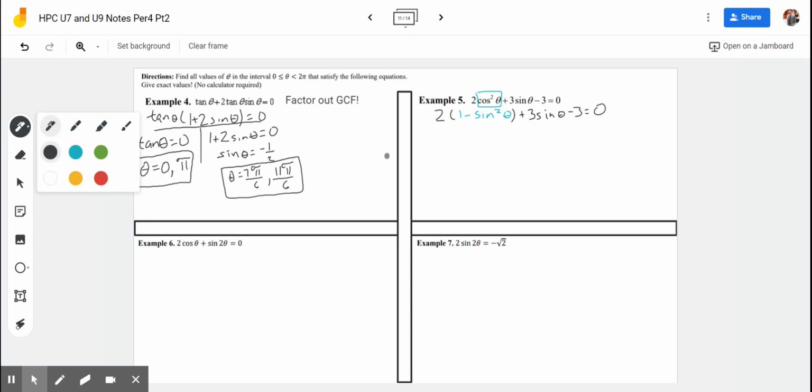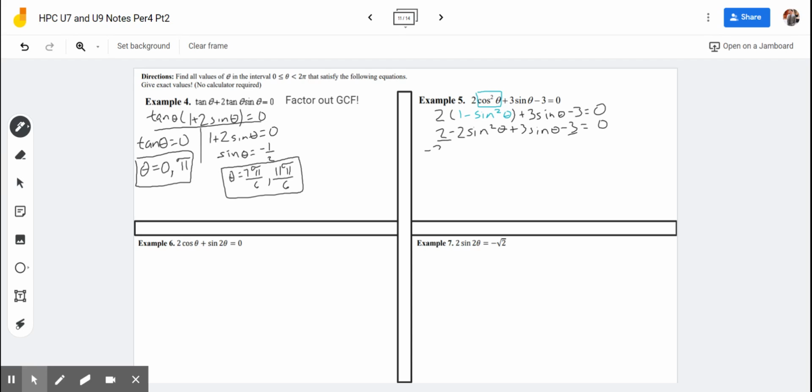So we'll distribute the 2. It becomes 2 minus 2 sine squared theta plus 3 sine theta minus 3 equals 0. We can combine 2 minus 3 and we'll have -1.